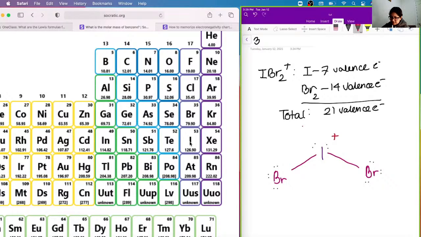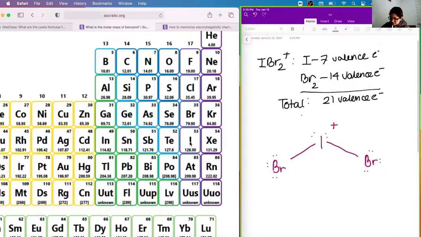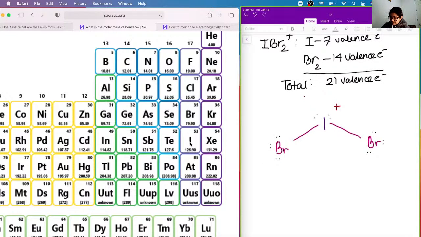Since electrons carry negative charge, we didn't add a negative charge, and because of that, our compound here is positive.